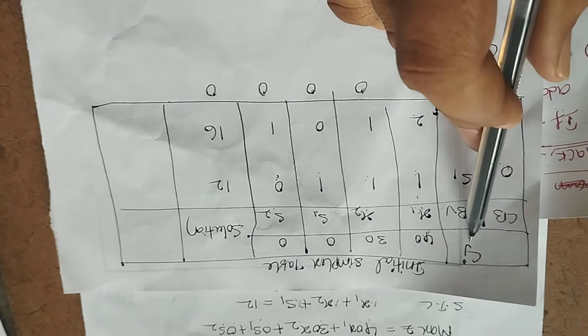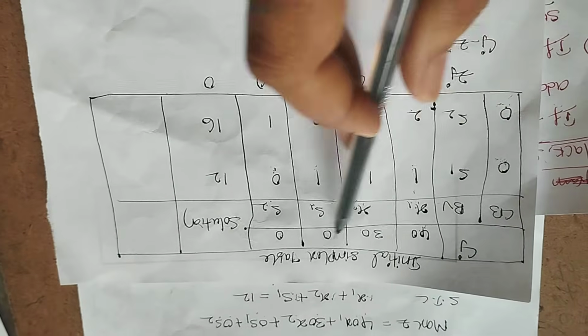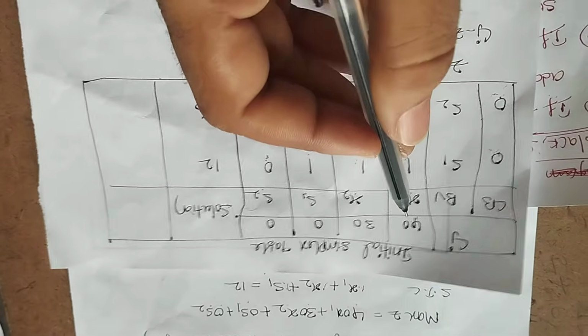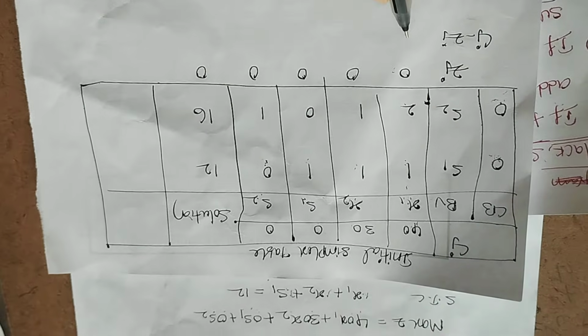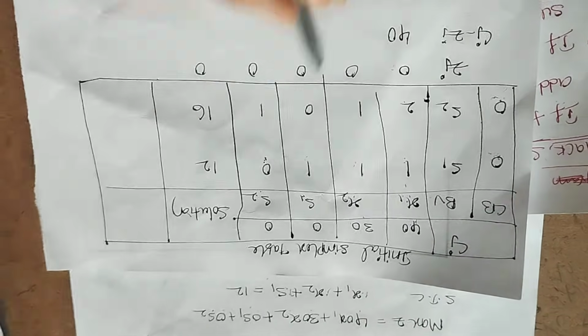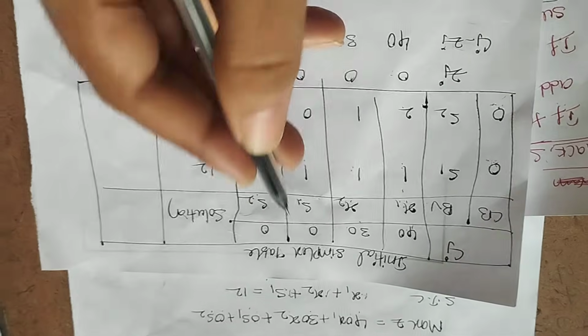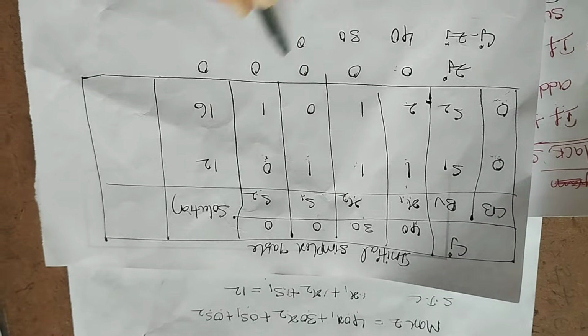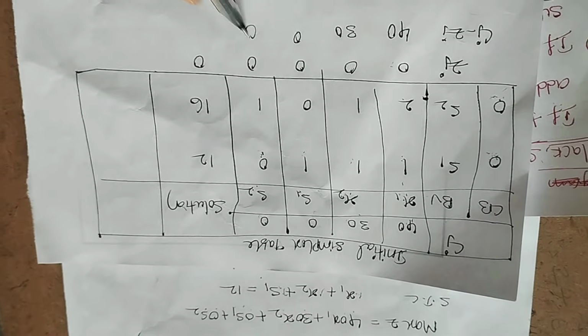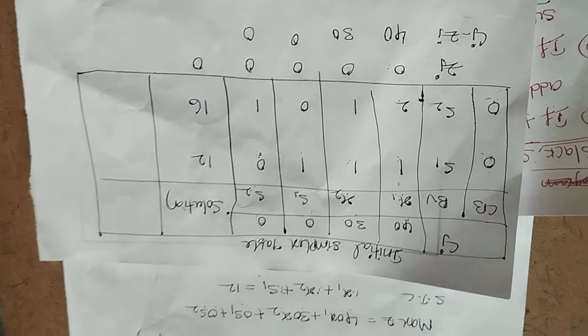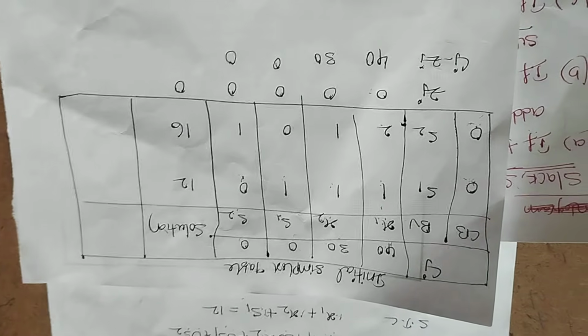What is the value of Cj here? 40, 30, 0, 0. Now corresponding 40 minus 0, 40; 30 minus 0, 30; 0 minus 0, 0; 0 minus 0, 0.